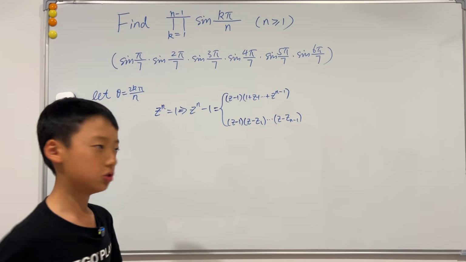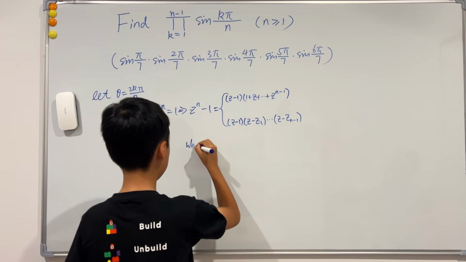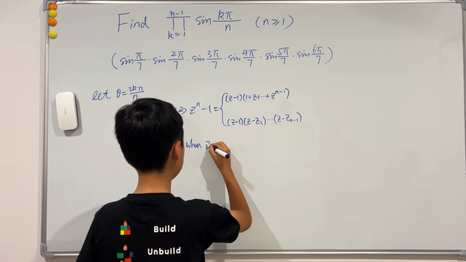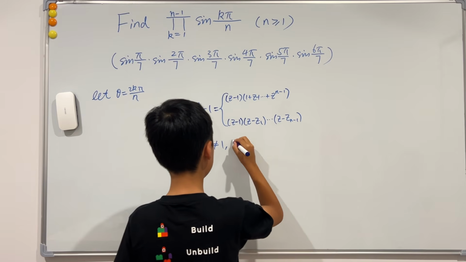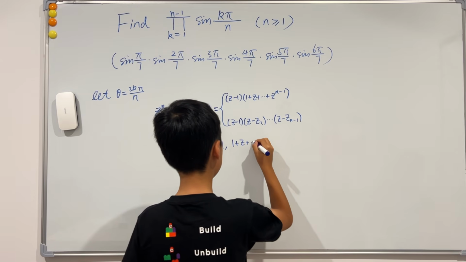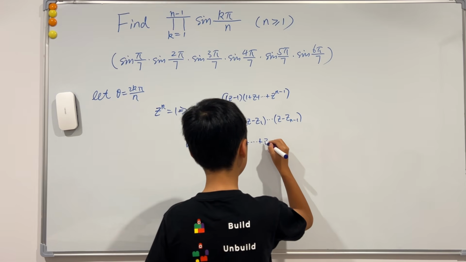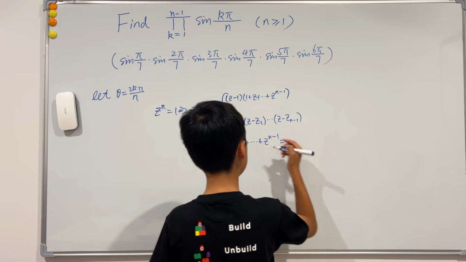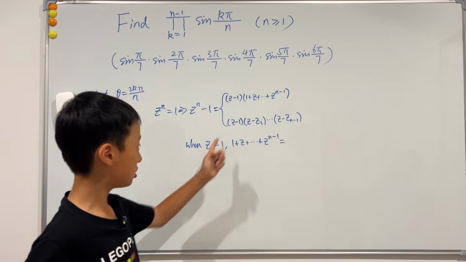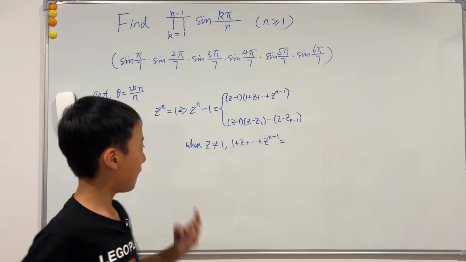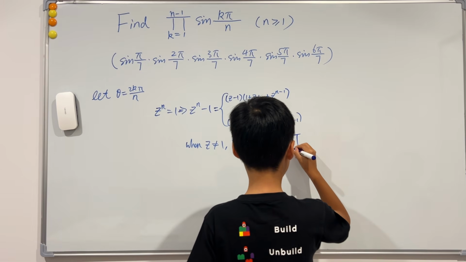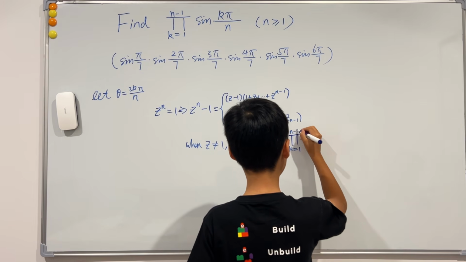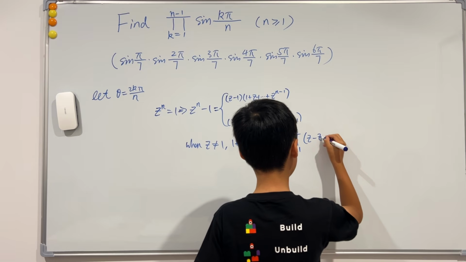And that's actually what I'm going to do. So when z is not equal to 1, then we see that this part is equal to this part. And I'm actually just going to write this as the capital pi notation: capital pi as k goes from 1 to n minus 1 of z minus zk.